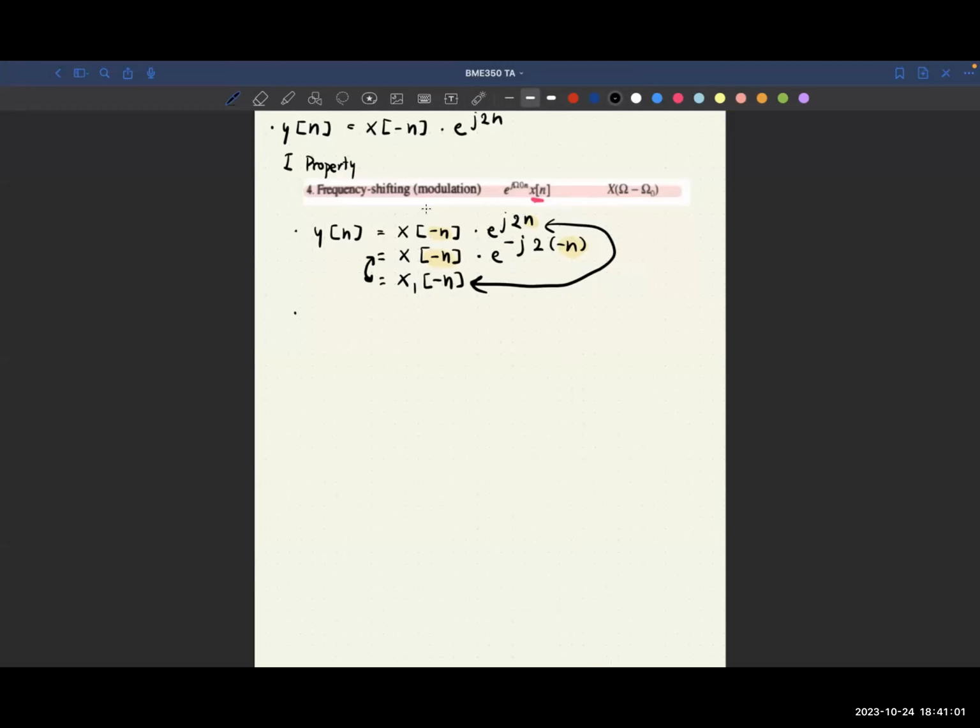Okay. And to find the discrete time Fourier transform of this signal, we will find the discrete time Fourier transform of x1 of negative n, and essentially we will get x1 of negative omega.